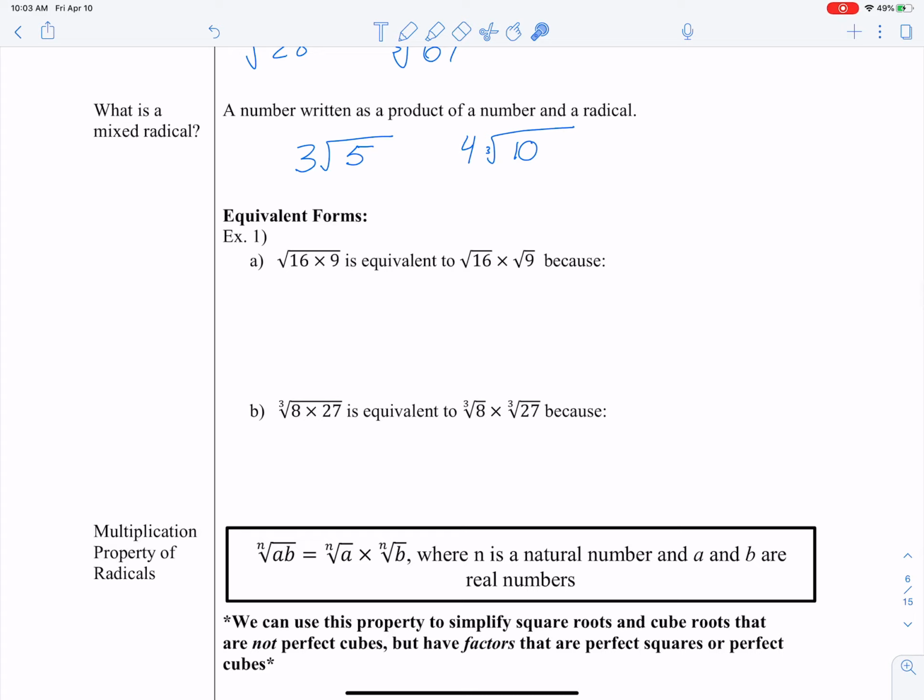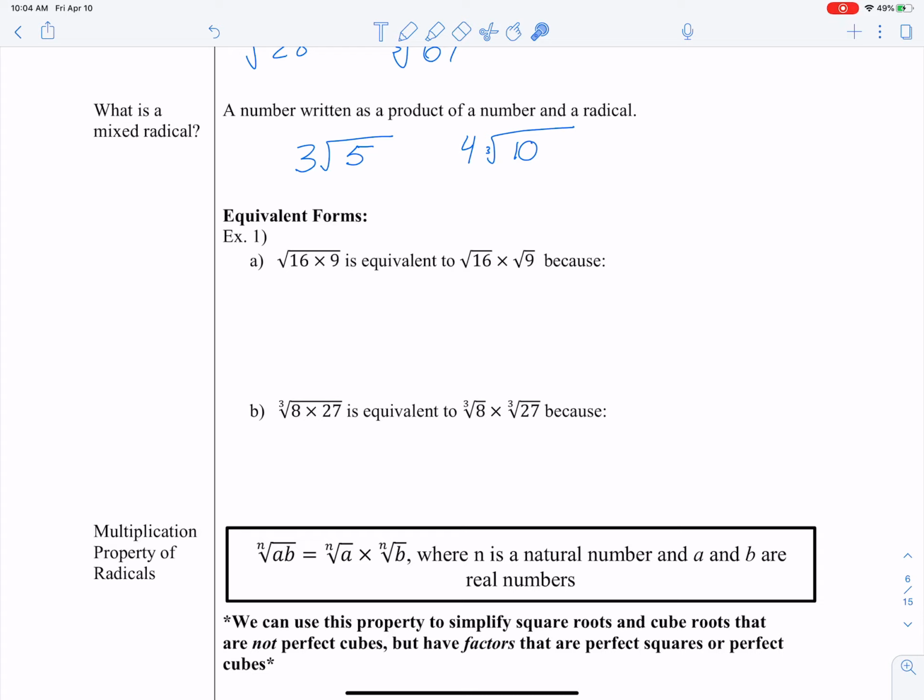So the next thing we need to look at is equivalent forms. To be able to work with radicals, this is kind of like background information: you need to understand that this is the same as saying this. It doesn't matter if you put both things under one radical sign.